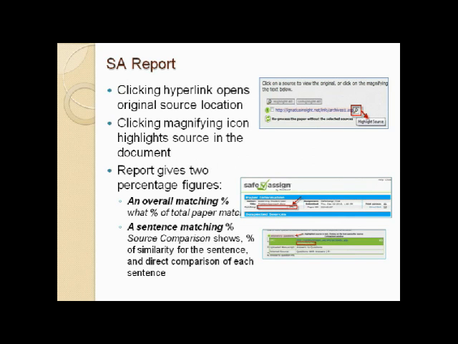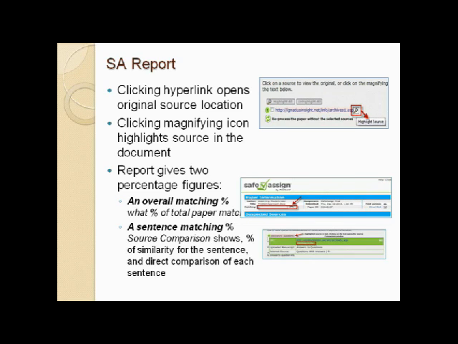Again, this just gives you a little recap of the Safe Assignment Report. Clicking the hyperlink near the top will open the original source location. Clicking the magnifying icon to the right of the highlighted source will highlight the actual text within that document.